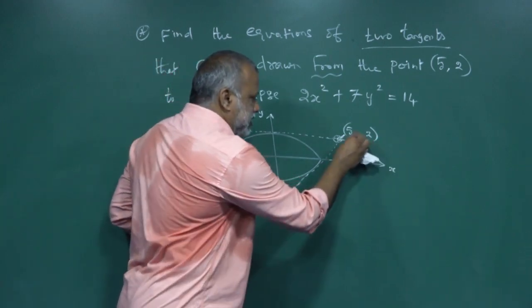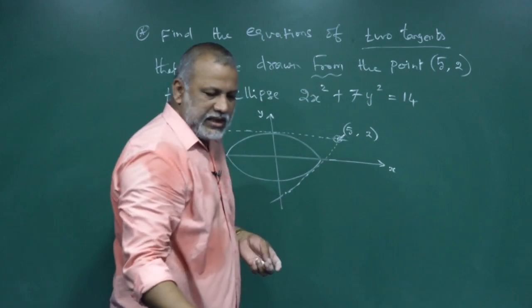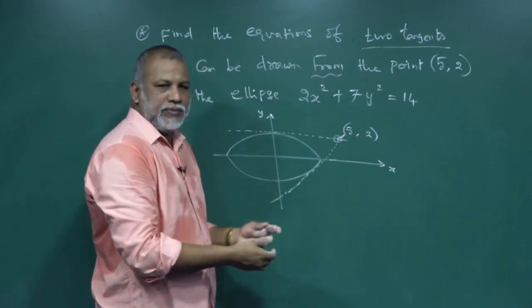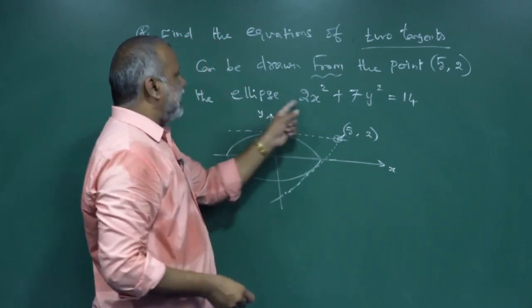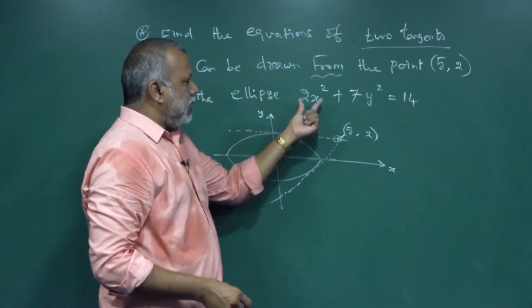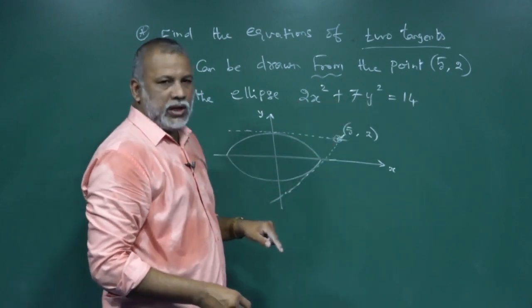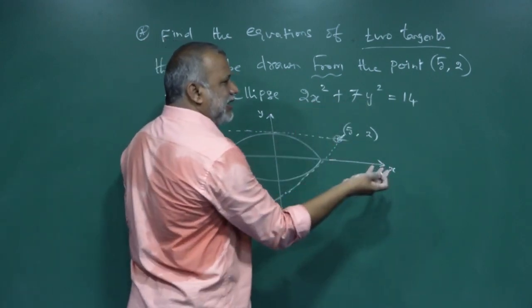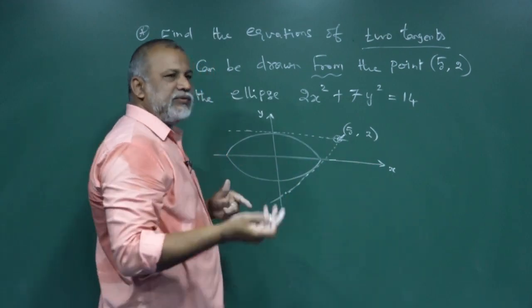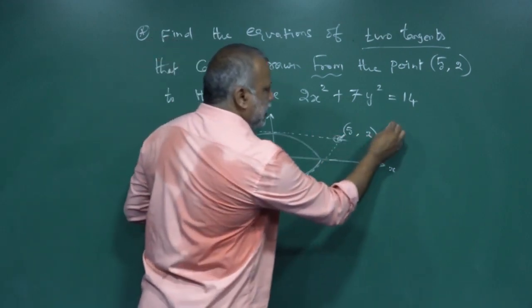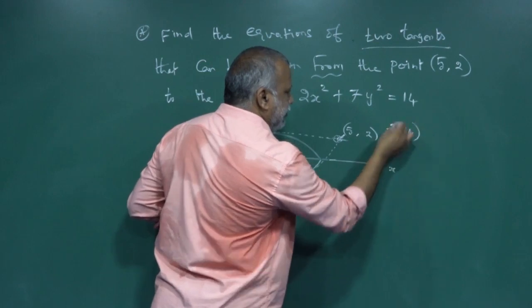So dear students, first read the question, understand what we are going to work out. Here the equation of the ellipse is given, 2x squared plus 7y squared equal to 14. Convert it into standard form and find the values of a squared and b squared. That means I divide the given equation by 14.